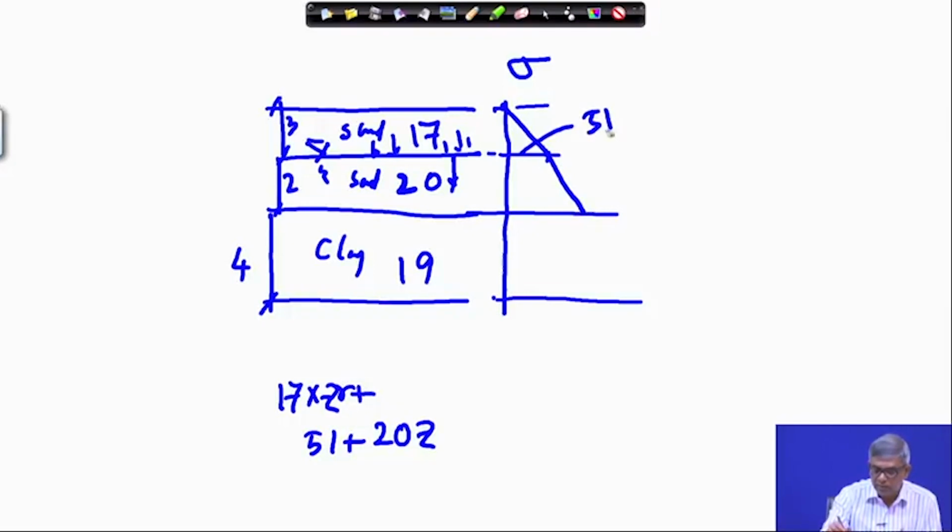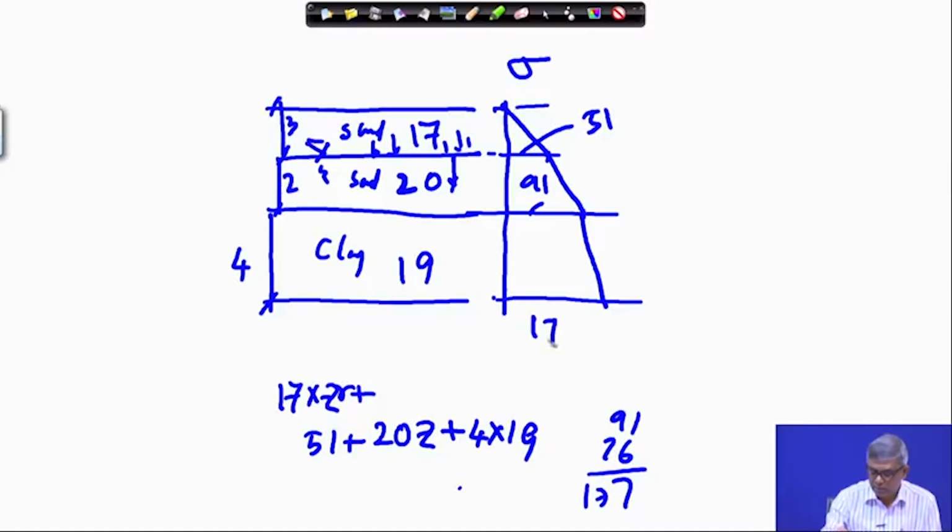So this is 51, this is 91, and then 4 into 19 added to 91, so it will be 177 kilonewton per meter square.